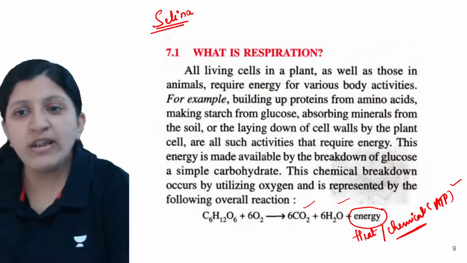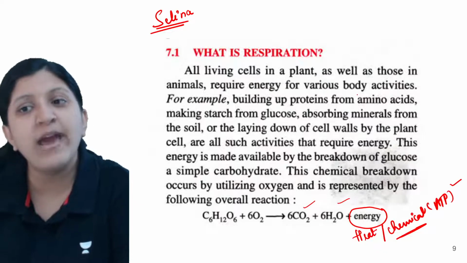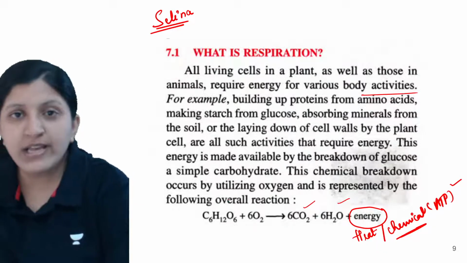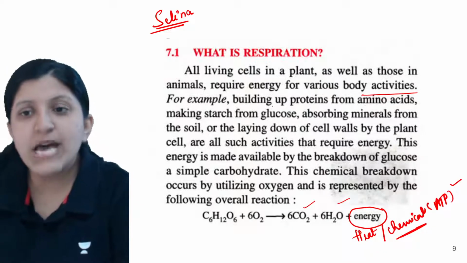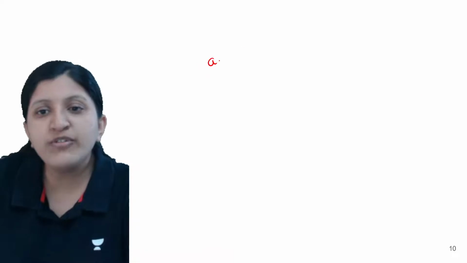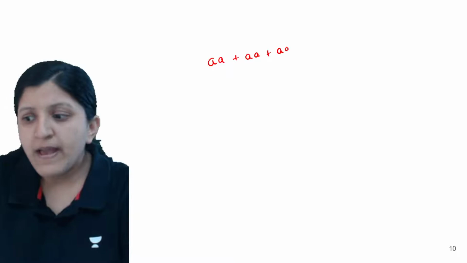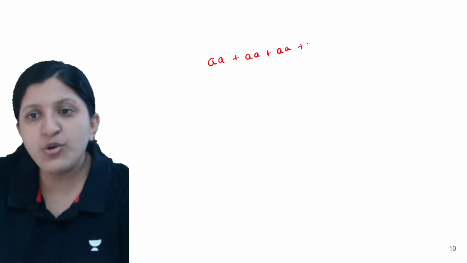All living cells in a plant, as well as those in animals, require energy for various body activities. For example, building up proteins from the amino acids. In this case, many amino acids are joined together and there is a formation of the protein.